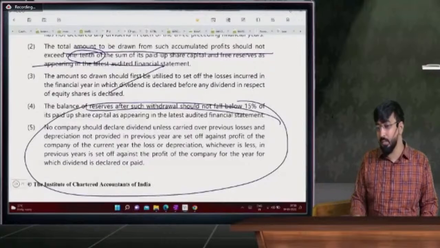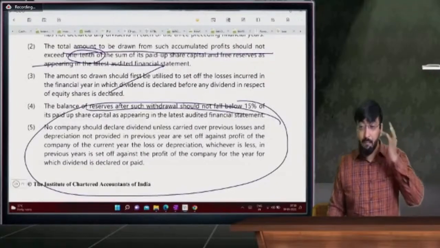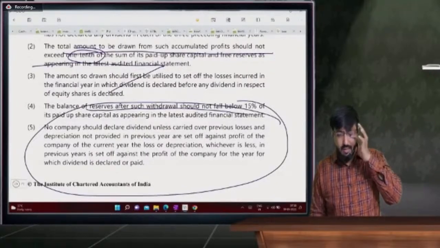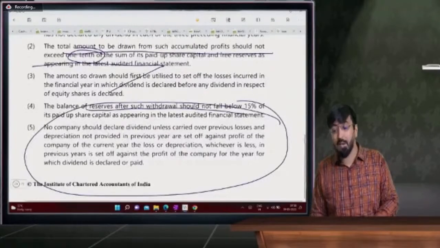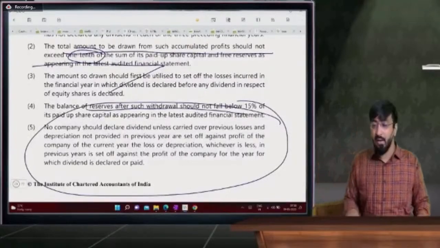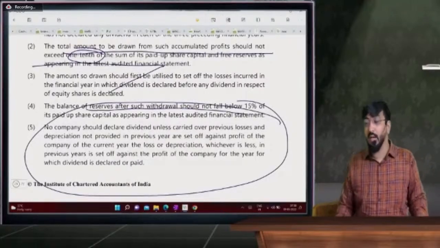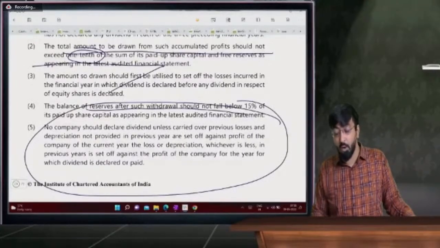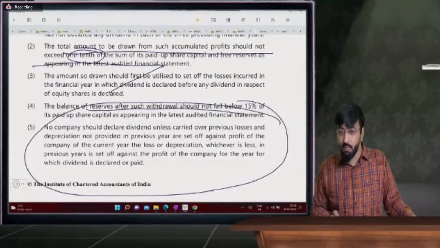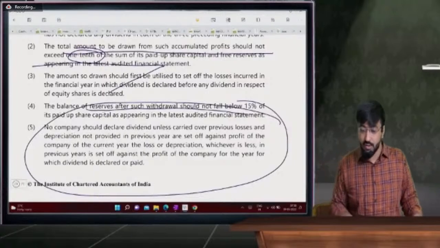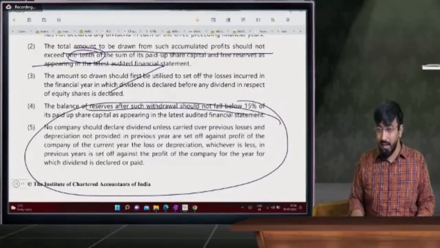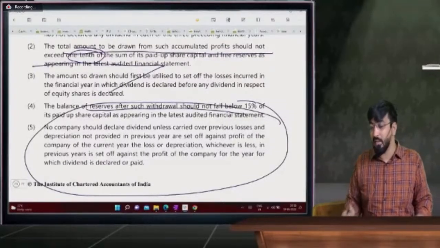For this you will need a practical approach, so I'm telling you to skip this part from the exam point of view. If I explain it, it will take minimum 10 to 15 minutes, and we have to cover foreign branch also today. From the exam point of view this condition is not important, so just remember it; no need to go into detail.